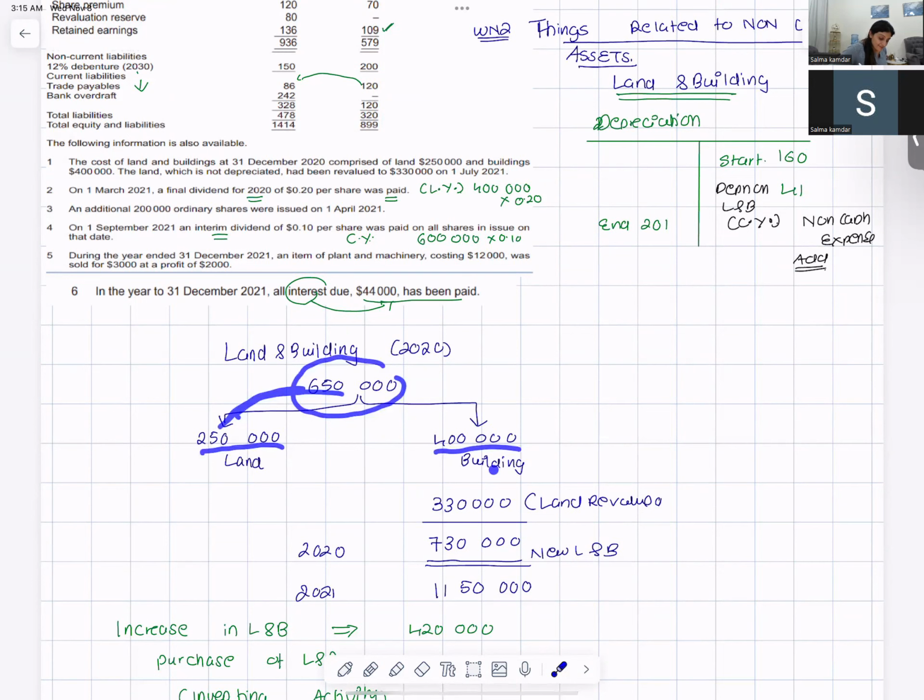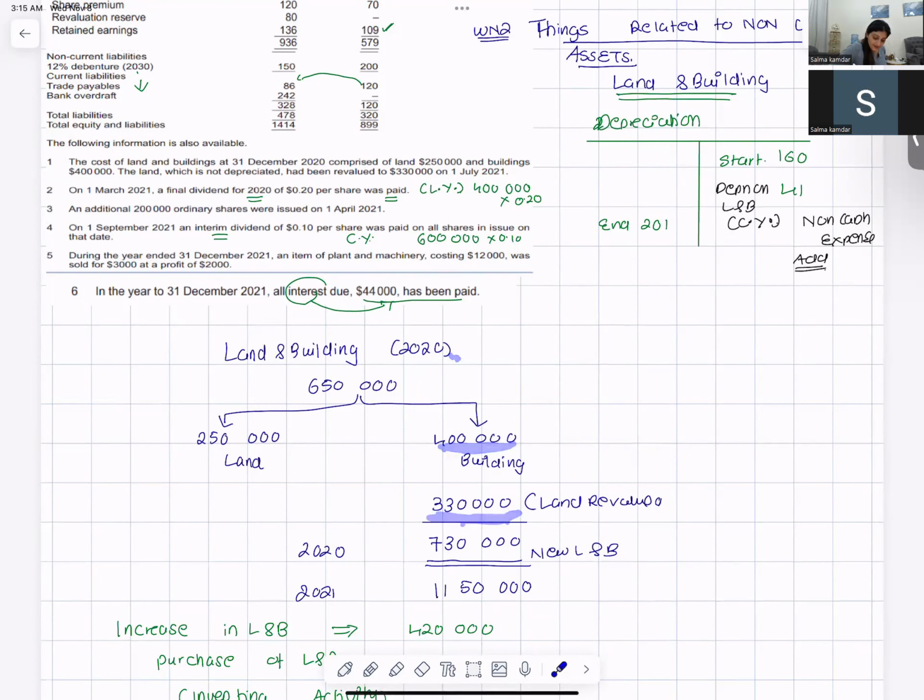And this land has been revalued to 330,000. So on 2020, your land has been revalued to 330,000 and your building is 400,000.